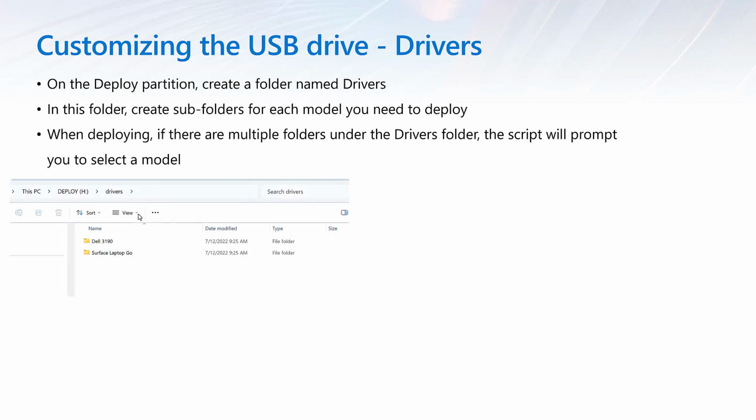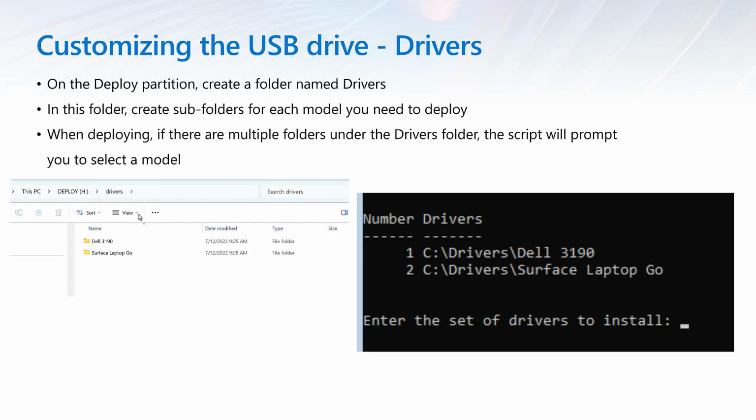In our example here, we have a deploy partition, we made a folder called drivers, and we have a Dell 3190 and a Surface Laptop Go, and inside of those all the drivers exist. When you go to deploy, the USB drive is going to detect that there are two folders inside of that and will ask you which drivers you want to install. You just hit the number you want, and then DISM will copy the drivers into the Windows installation.